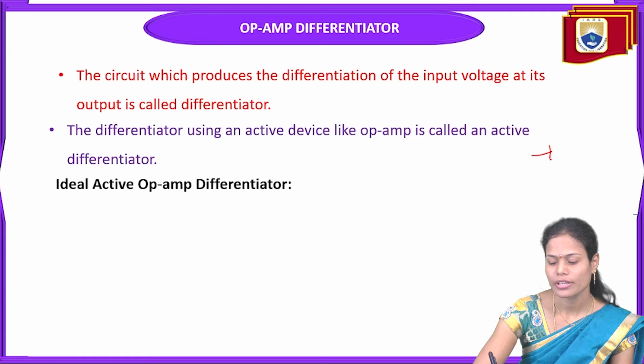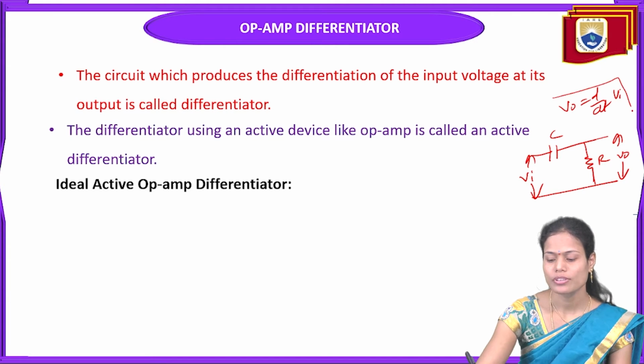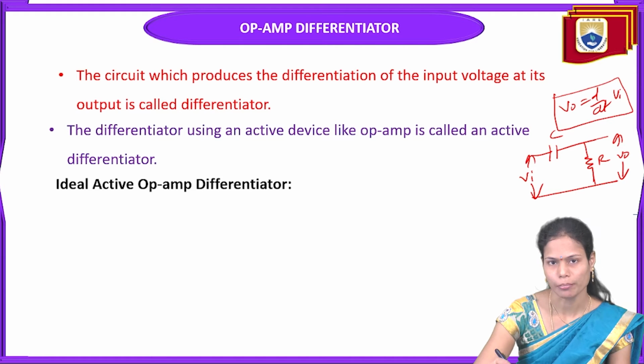That is one capacitor and one resistor combination. If we provide some voltage to this, we get across the output the differentiation of the applied input signal. The same thing we can design by using the operational amplifier.